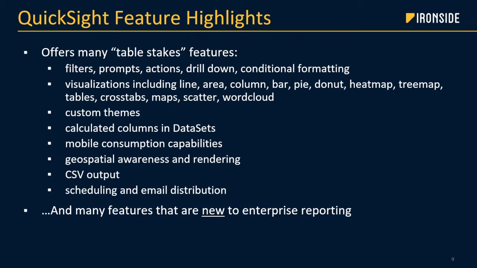There's a mobile app for QuickSight that allows me to consume dashboards on my phone or tablet. Again, geospatial awareness and rendering are part of the tool. You can output to CSV. You can schedule dashboards and distribute them via email.